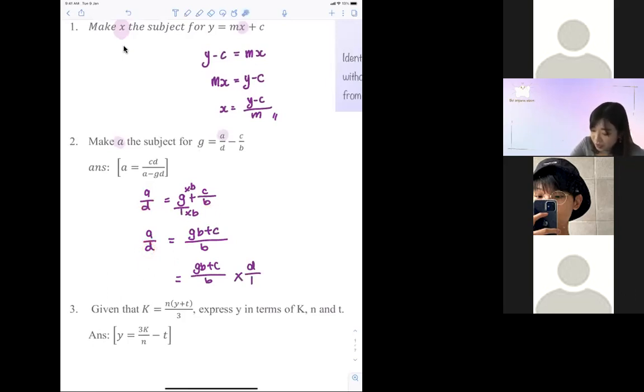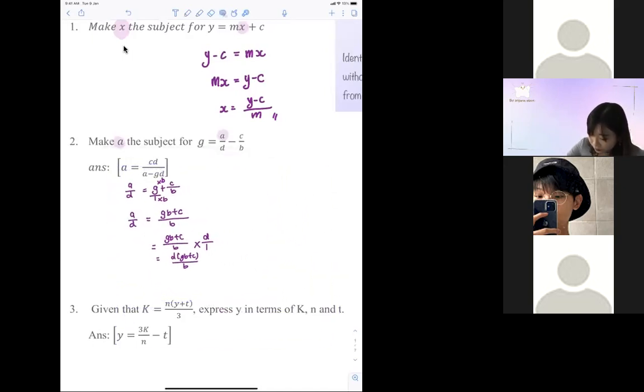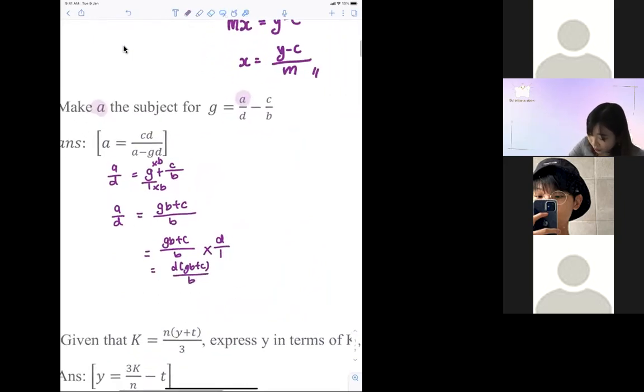So one mistake here is divide, bring over times, right? What students do, they times D on top, they times D below, cannot. Okay, when you times D, is D over 1. So top times top, bottom times bottom, you get D times GB plus C over B. Okay, make sure you got no bracket on top.